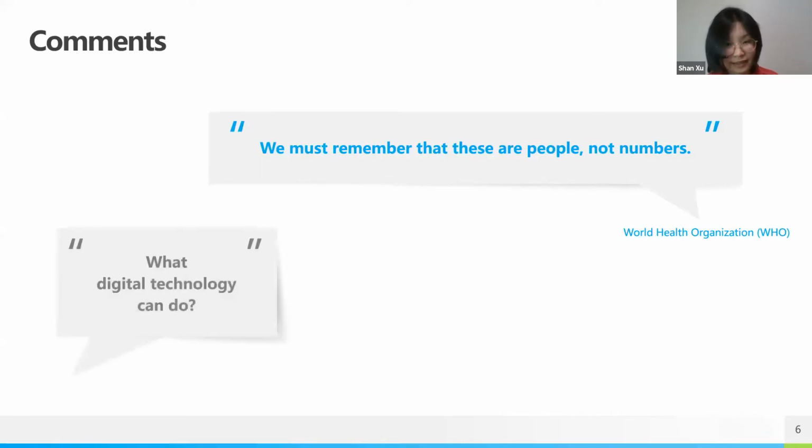And as ICT engineers, we would probably also like to make our contributions. We may start with this question: what kind of contributions could digital health make? I think one common answer could be to make life better.